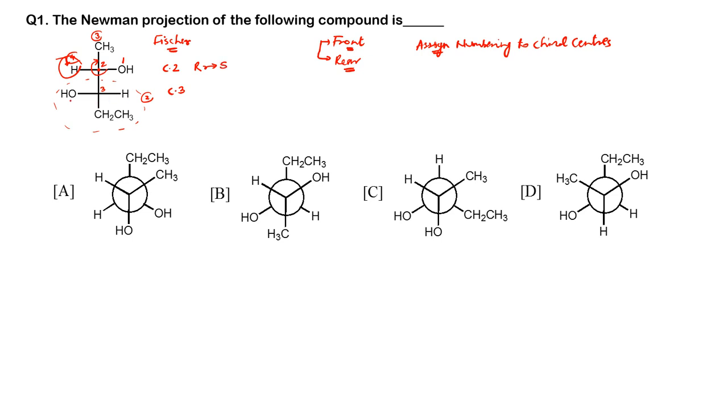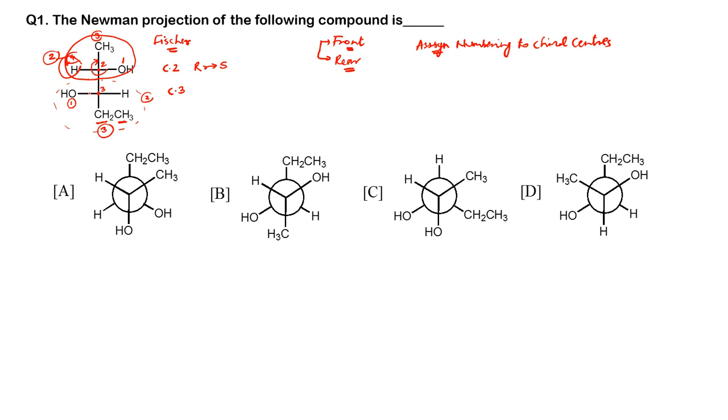At C3 we find OH has first priority, and again, C3 is attached to C2, which is attached to oxygen and carbon, while this CH2 is attached to CH3. So this group will get the second priority and CH2CH3 will have the third priority.